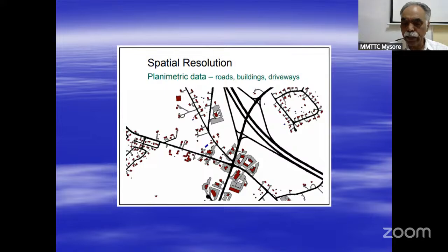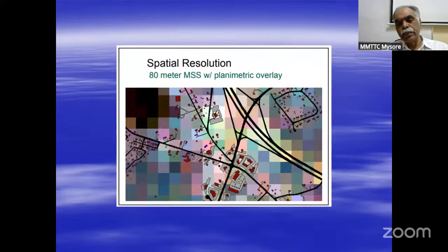So let us see through these images. You can see here, this is a simple road network with some of the buildings and houses. This is just a map drawn based on the satellite image, of a road network and houses. Just take it as a part of the city. So this is the pixel.